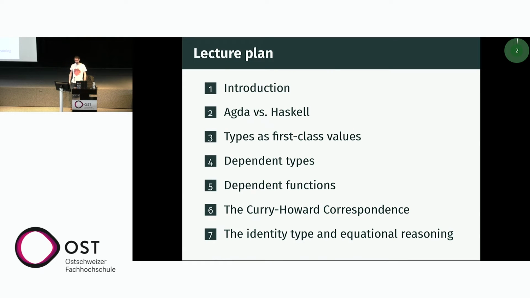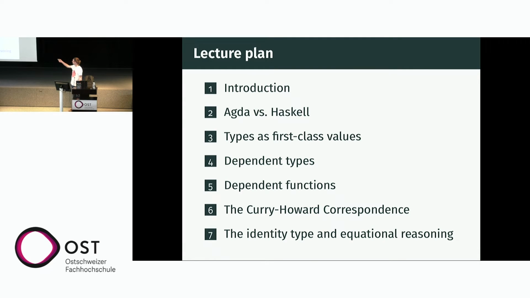To get there, there's a bit of a path we have to tread to get to the identity type and equational reasoning at the end. I'll start with a bit of introduction: what Agda is, what its goals are, what dependent types are.